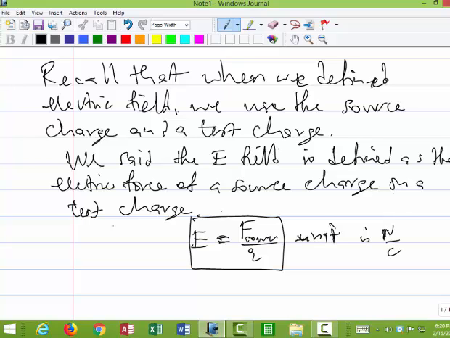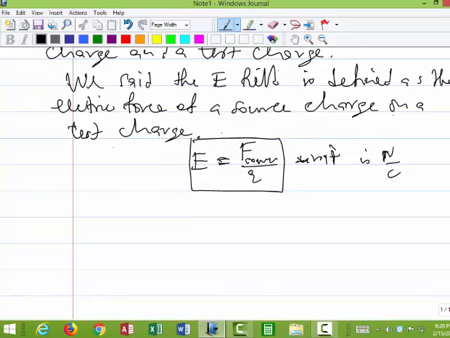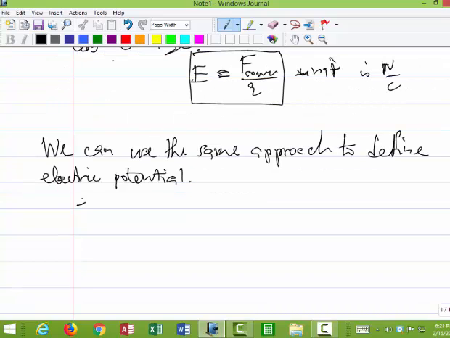We will do the same to define electric potential. So electric potential has a letter symbol V, and it's a scalar quantity.